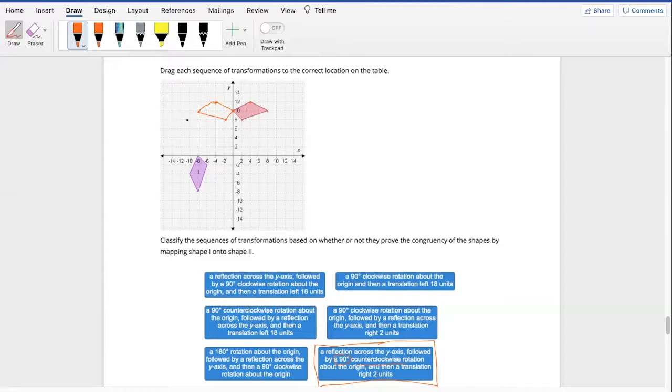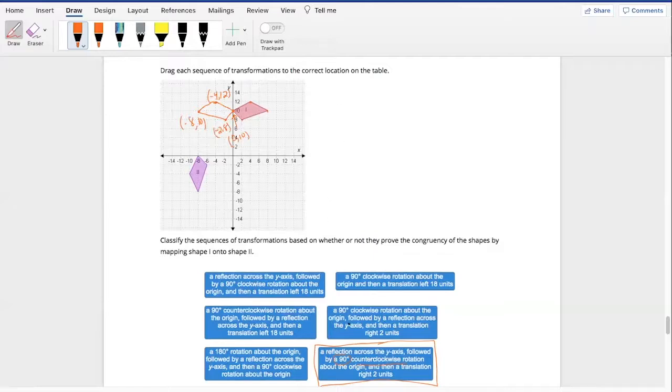So I'm going to look at these points because next we have a 90-degree counterclockwise rotation. These points, if I label them, are -8, 10; -4, 12; 0, 10; and -2, 8.